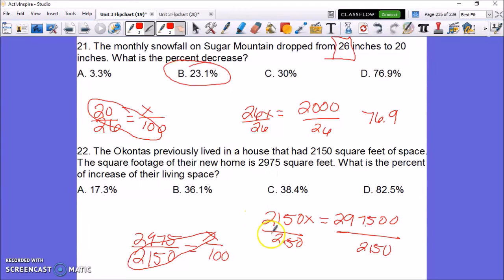And that should give you 138.4. And once again, we have to subtract 100. So we start at 100% and we go up to 138.4%. We go up 38.4%. The answer for this one would be C.